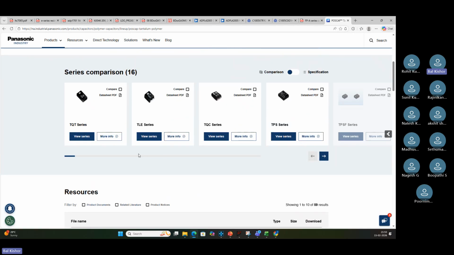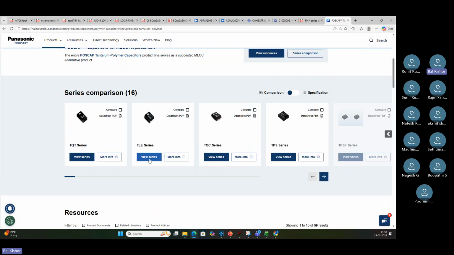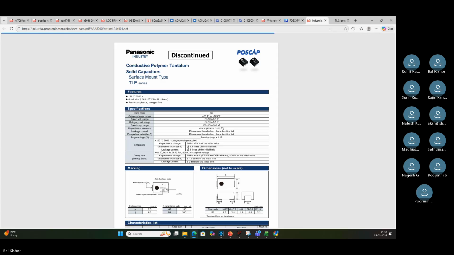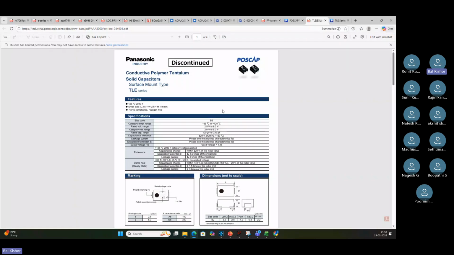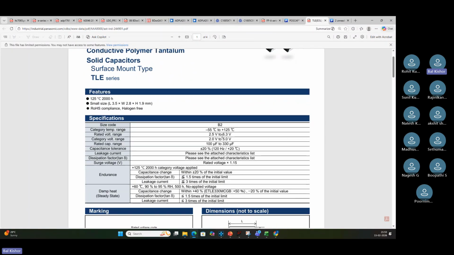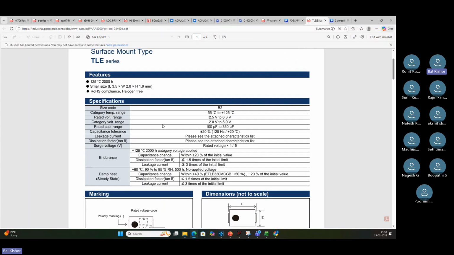Okay, so let me give you one example. Let's say one of the capacitors. You can see this is the conductive polymer capacitor, and the rated voltage is just 2.5 to 6.3.